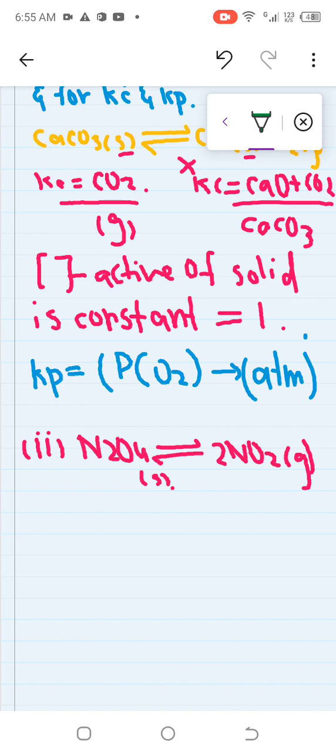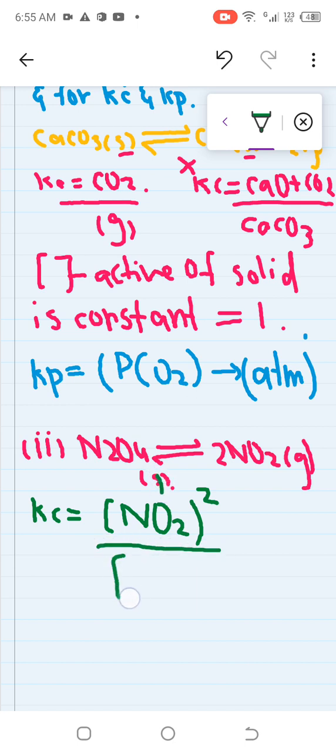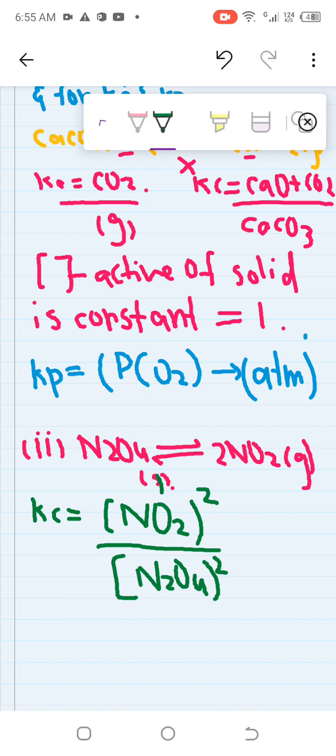Suppose Kc will be equal to NO2 to the power 2, over N2O4. Both are in the gaseous state, so we write like this.